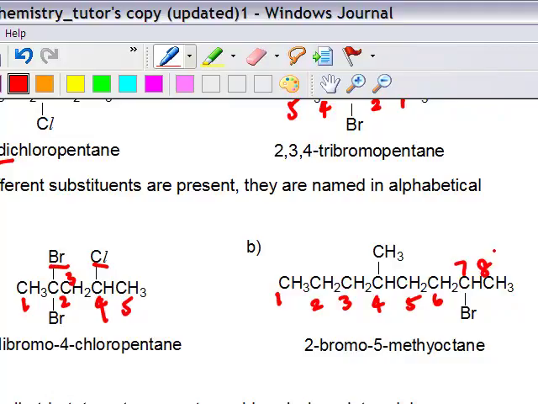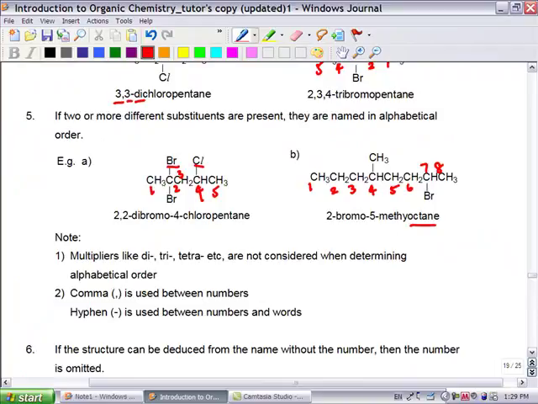Let us look at example or part B, where we have 1, 2, 3, 4, 5, 6, 7, 8 carbons, hence an octane. However, we will have to start naming the substituent in alphabetical order, and the one that is of a higher alphabetical order should be named with a smaller number.